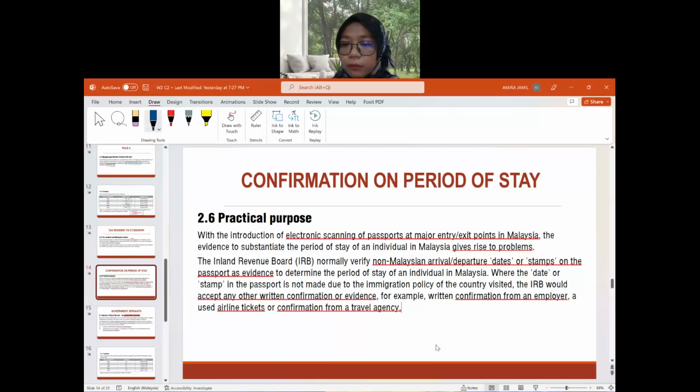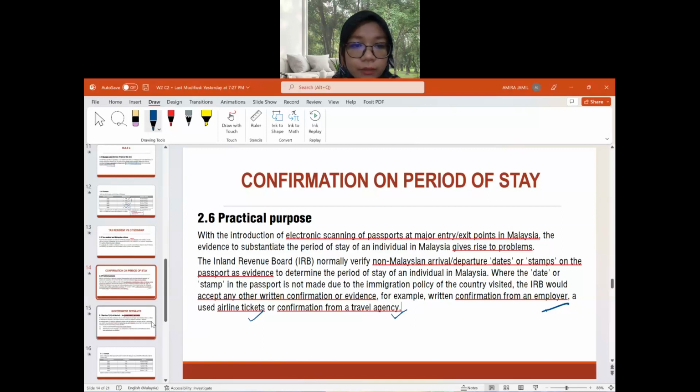For example, confirmation dari employer bila the employee pergi ke overseas, tarikh bila ataupun bila dia datang, ataupun airline tickets ataupun confirmation from a travel agency, whichever written document lah as evidence of when they come to Malaysia or when they leave Malaysia.